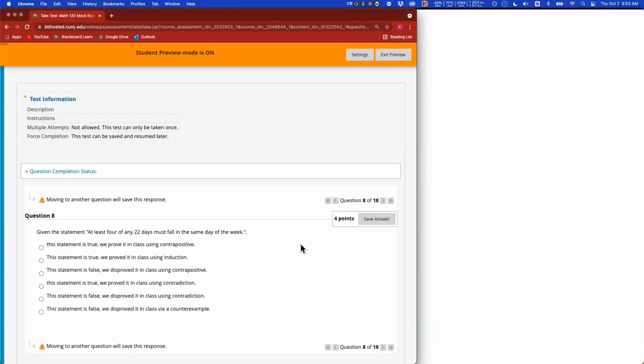So for this statement, we will first assume the negation of the statement. We will assume at most 3 days are on the same day of the week for the 22 days. And then we show that it cannot be done, because if you put down at most 3 days, then you can at most select 21 days, but you have 22 days. So we prove it by contradiction.